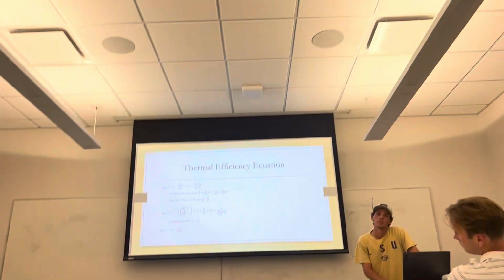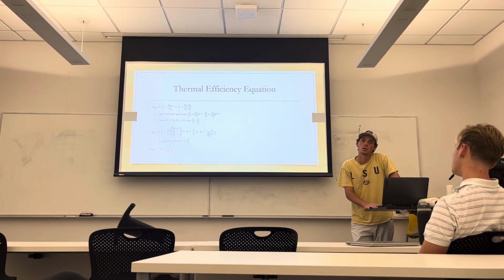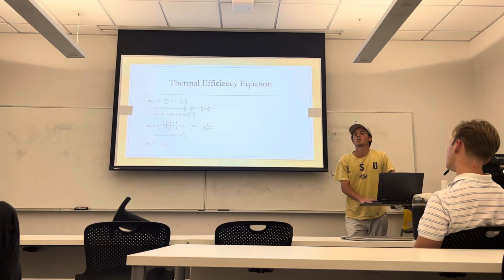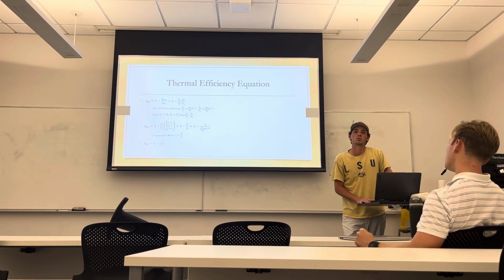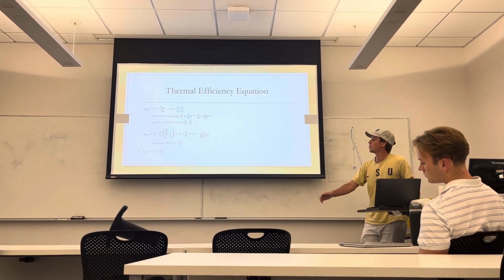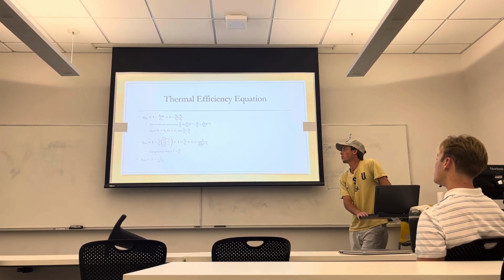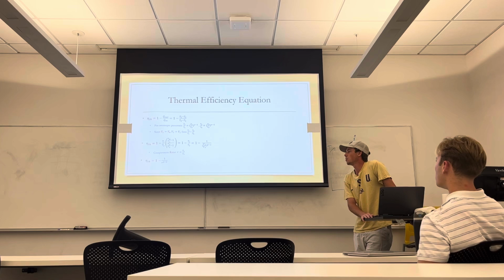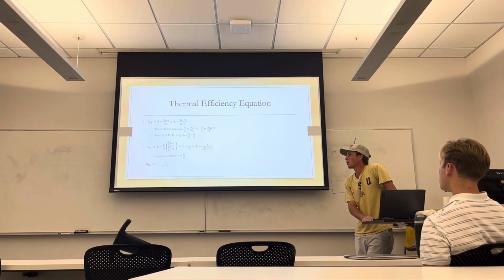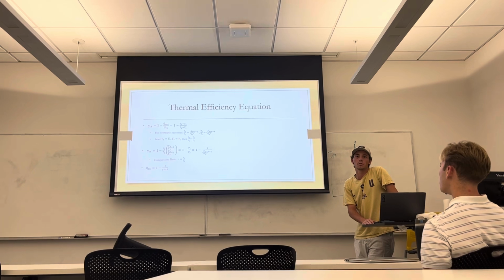But my question to you is, is there a limit to R in an Otto cycle? Well, this compression ratio. Your efficiency is never going to be 100%. There will be a limit to R, depending on the size of your piston or whatever you're using.